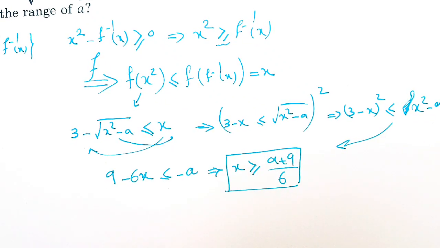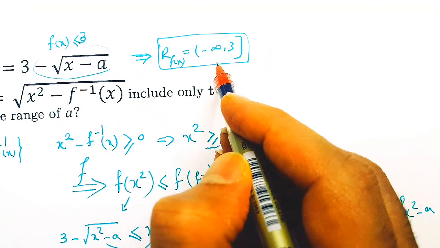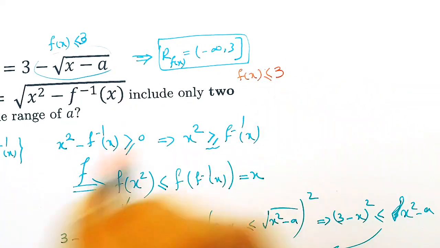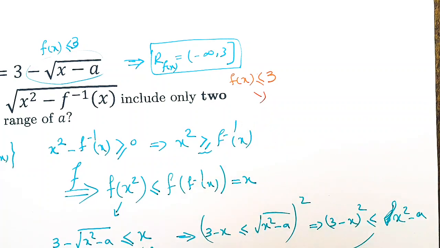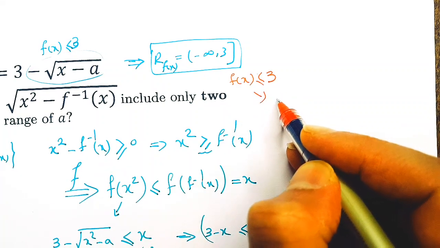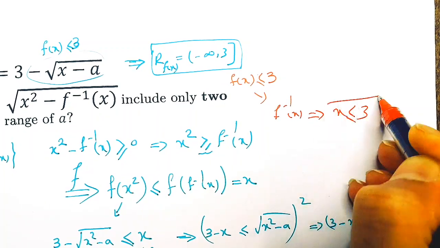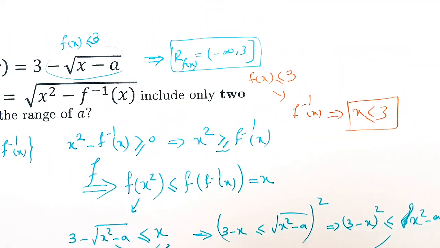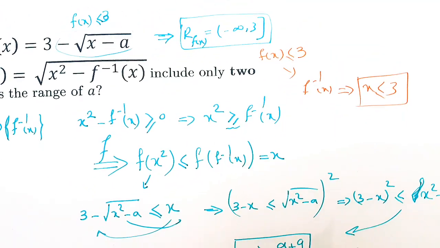On the other hand, we found that f(x) is always less than or equal to 3. Then if we consider f inverse of x, then x will be less than or equal to 3. This is the domain of f inverse of x, which is calculated from the range of f(x).